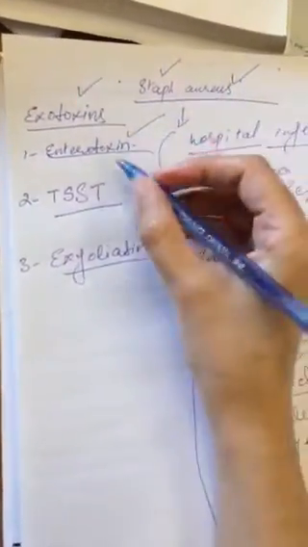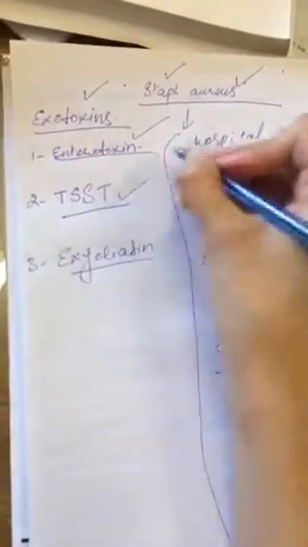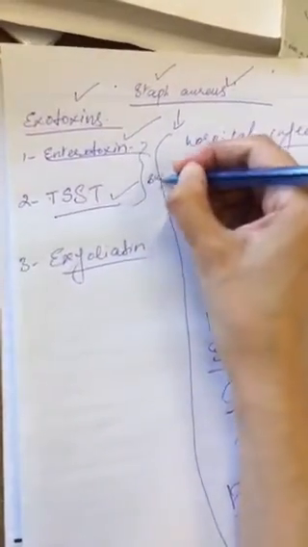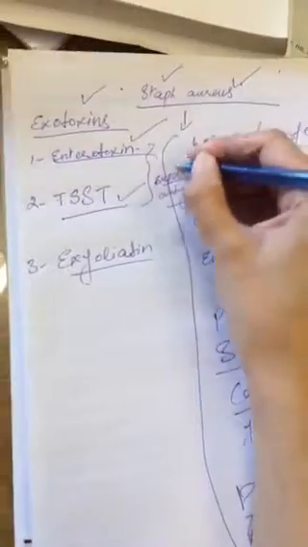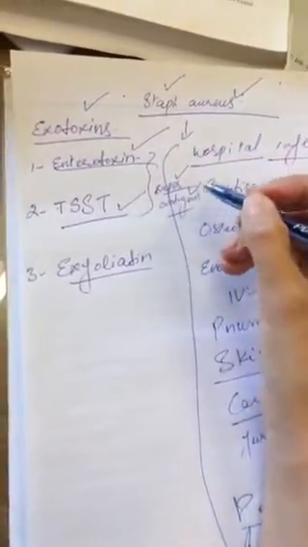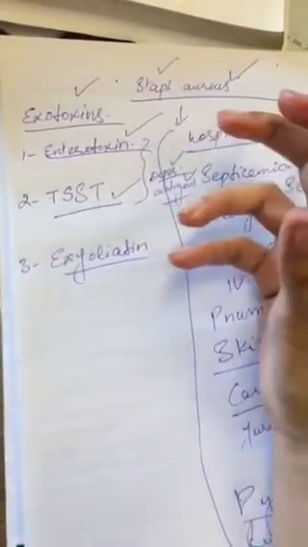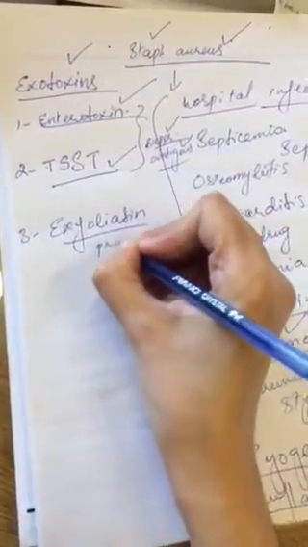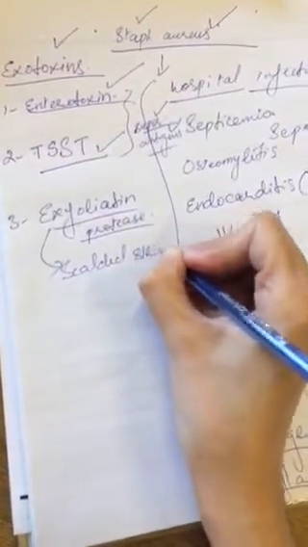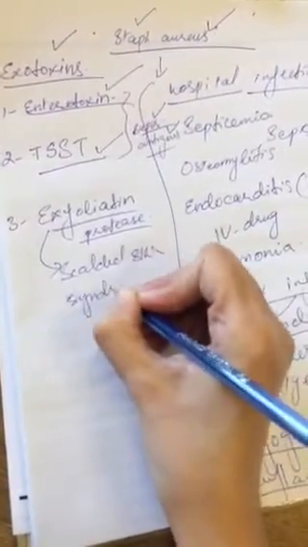The enterotoxin and toxic shock syndrome toxin, they both are superantigens. The superantigens are those antigens which can produce a large number of interleukins by bypassing the common processing mechanism of the antigens. While the exfoliating toxin is a protease and it causes scalded skin syndrome in children.